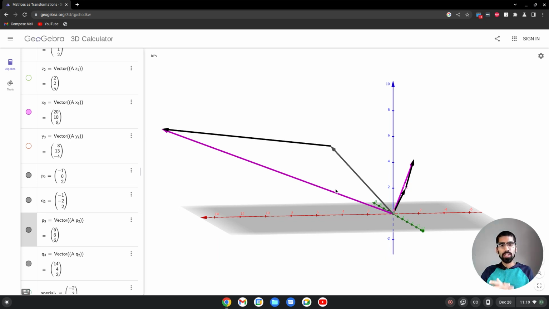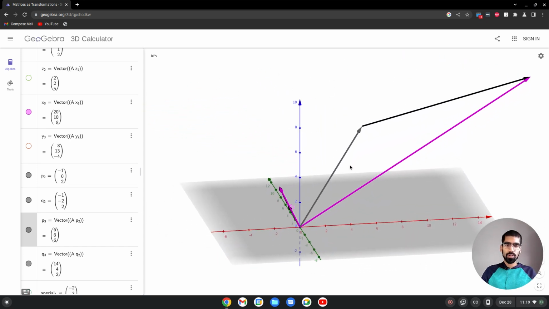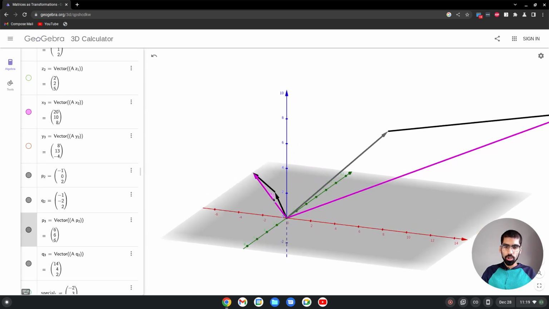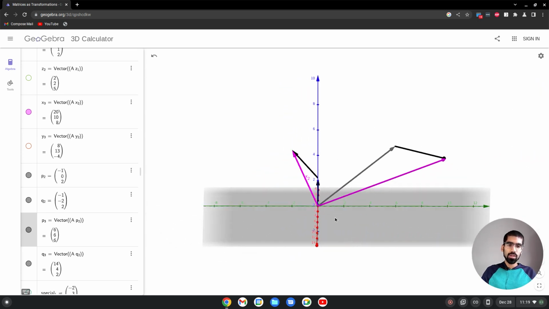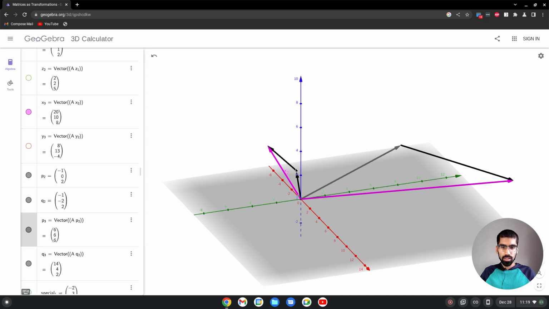This is a key idea because it means that sometimes we can take a computation like A times x2 and break it down into other computations that might be easier. Mathematically speaking, we know that these two vectors, P and Q, add up to make x2. So P plus Q equals x2.